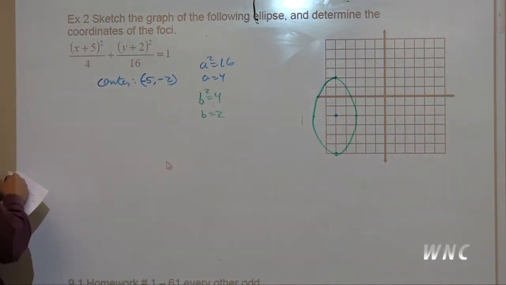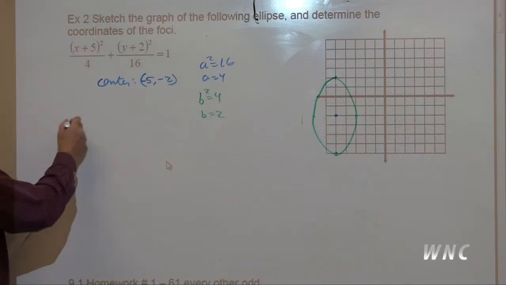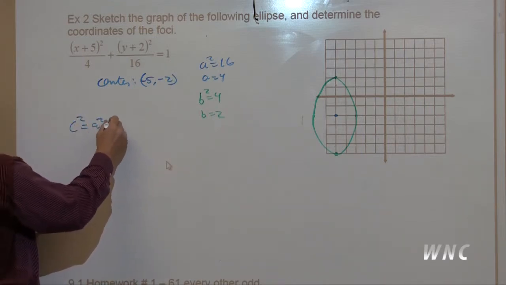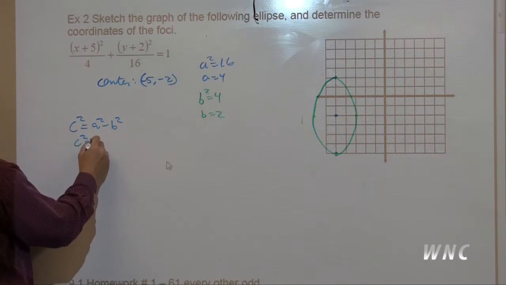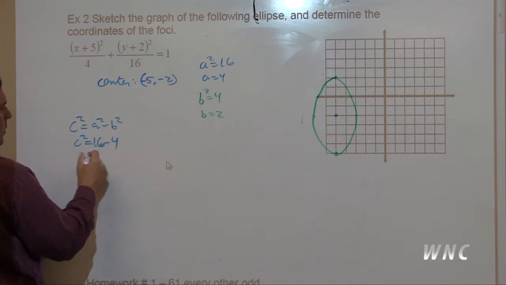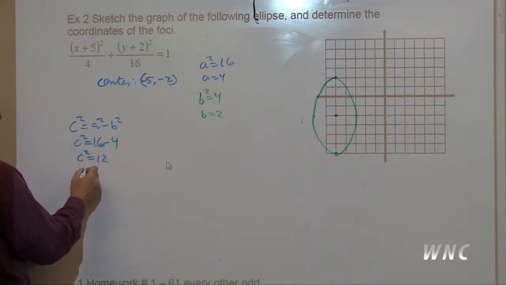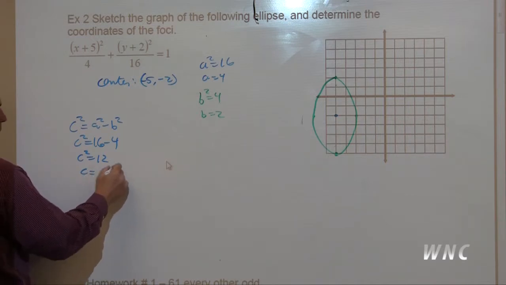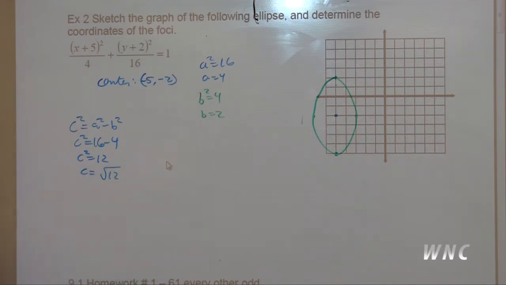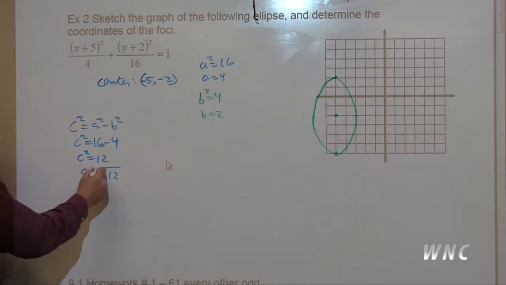So our c squared is a squared minus b squared. c squared equals 16 minus 4. c squared equals 12. c equals the square root of 12. Well, it's just the positive. I mean, I guess we could say plus or minus because it goes up and down.